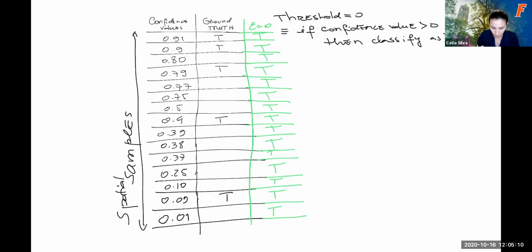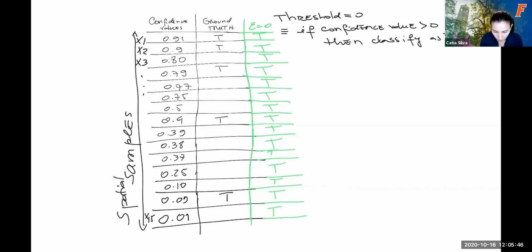So these are spatial samples: X1, X2, X3, up to X15. There are 15 samples, and each sample is a hyperspectral image. You feed it to a classifier, and the classifier gives us a confidence, or a probability, for a target to be present in that image. And that's what this confidence value is.